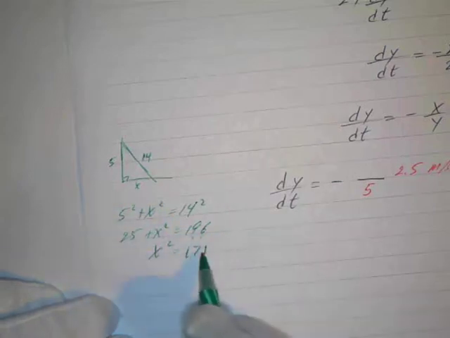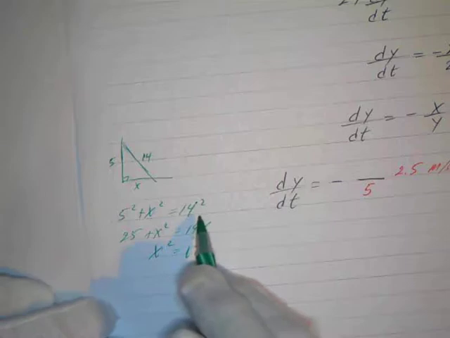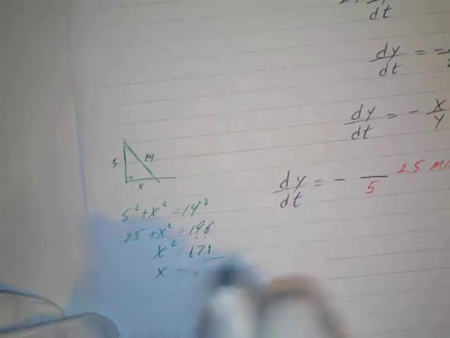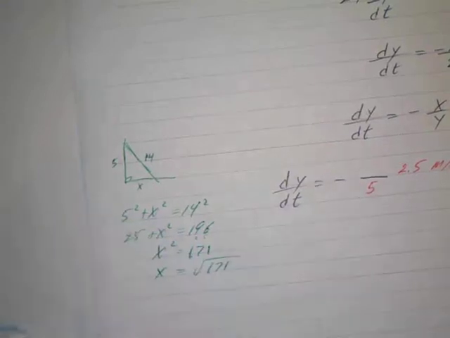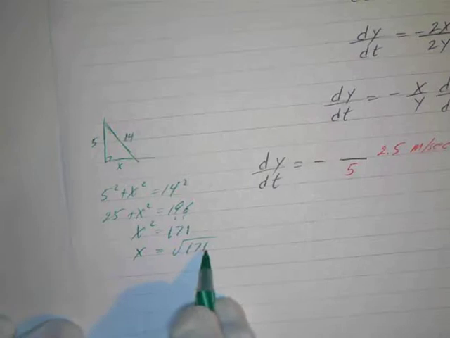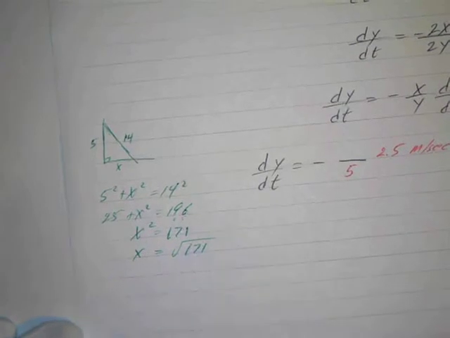Okay, let's double check that. 196 minus 25 is 171. So x equals the square root of 171. And then we have this little trick. If we add up these digits, 1 plus 7 plus 1, that adds up to 9. So that means 9 goes in there, believe it or not.